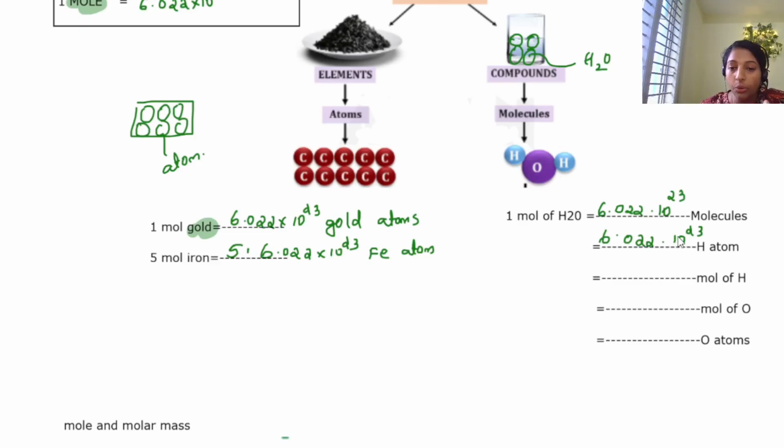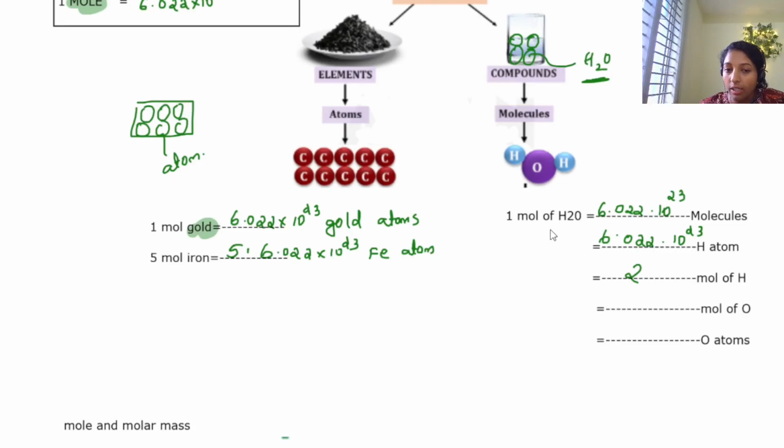You can't say there are 6.022 times 10 to the power of 23 hydrogen atoms. Why? Because 1 mole of water contains 2 mole of hydrogen atoms. Isn't it? See, H2O, so each unit contains 2 hydrogen.